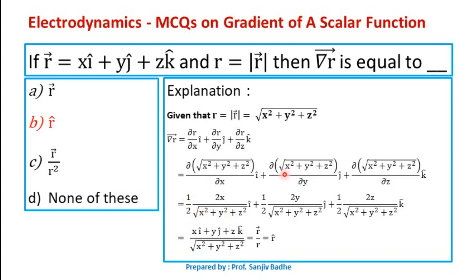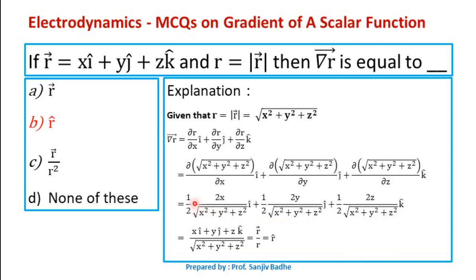If you differentiate square root of x square plus y square plus z square with respect to y, x and z will be treated as constants and we will get 1 by 2 into 2y upon square root of x square plus y square plus z square. And when you differentiate it with respect to z, you will get 1 by 2 into 2z upon square root of x square plus y square plus z square.